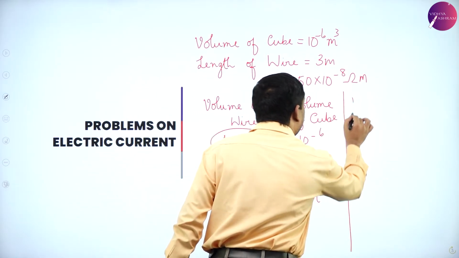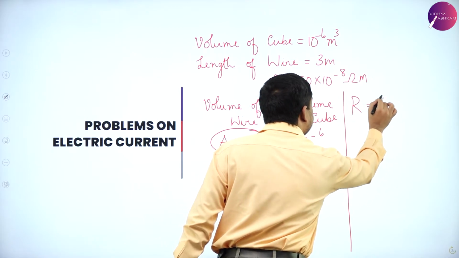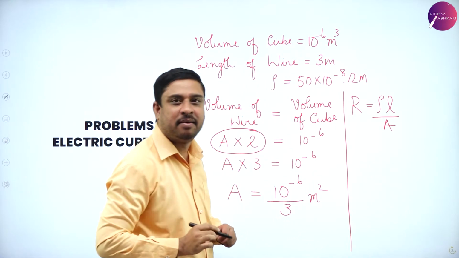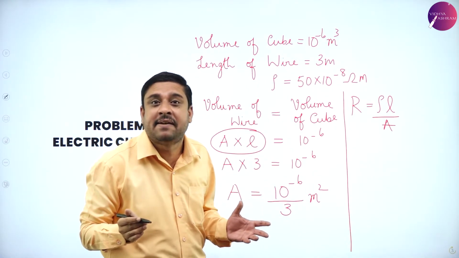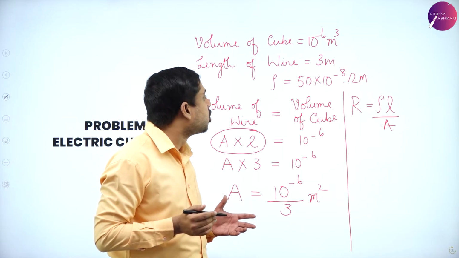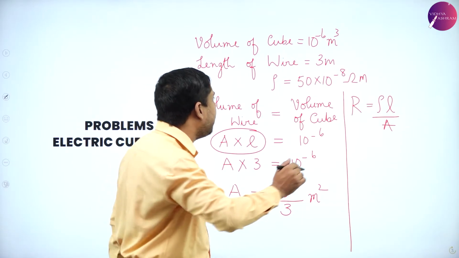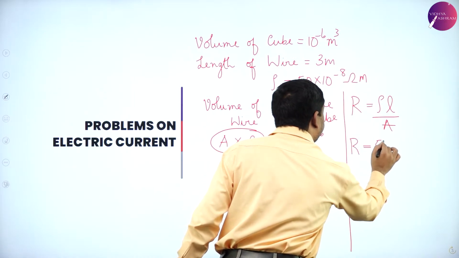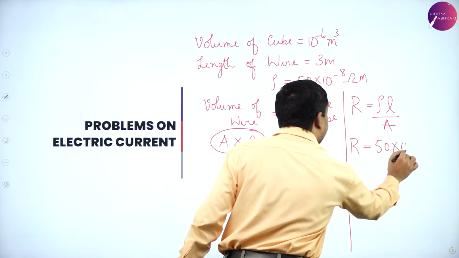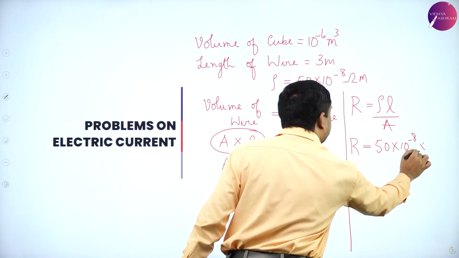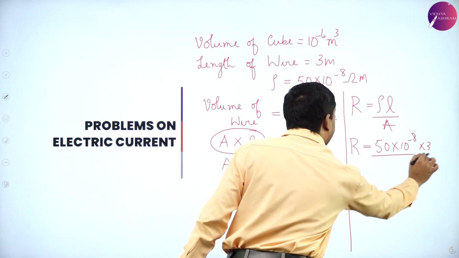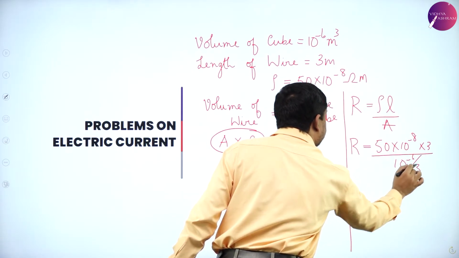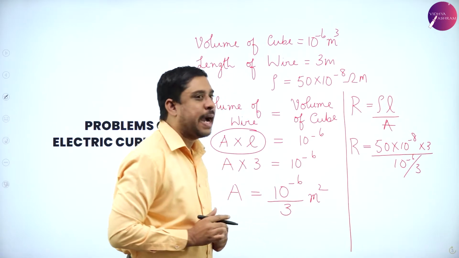We know resistance is rho L divided by A. In terms of resistivity, resistance is rho L divided by A. So, R is 50 into 10 power minus 8 into 3 divided by 10 power minus 6 divided by 3.